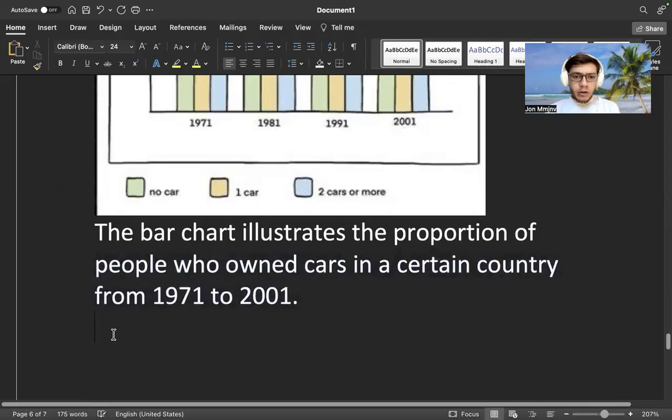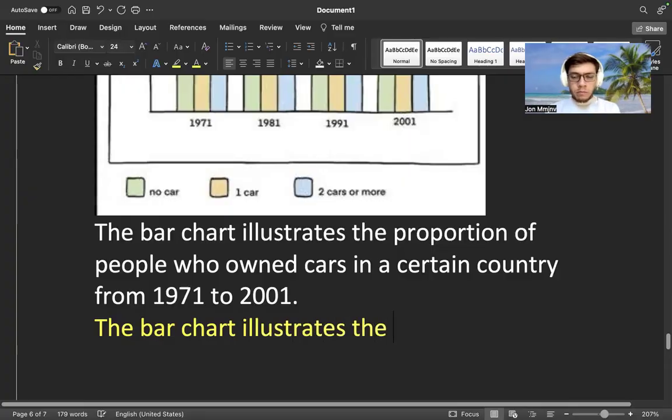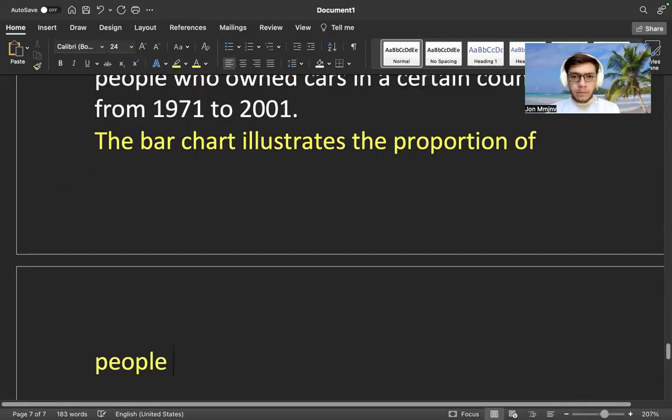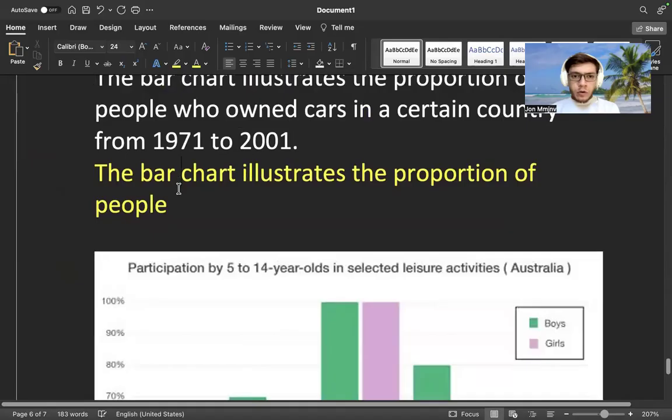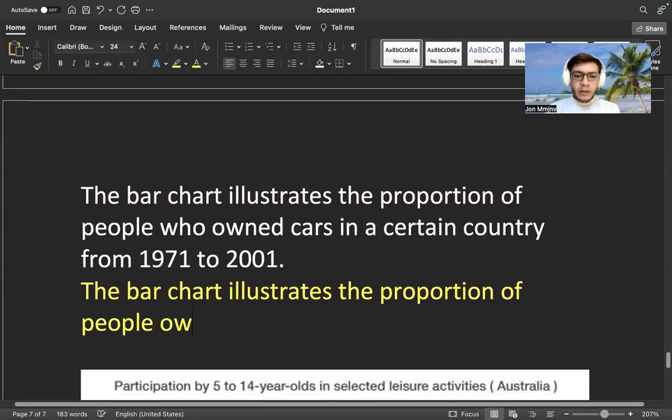The bar chart illustrates the proportion of people, so far the same, of people owning a car, owning cars, right?